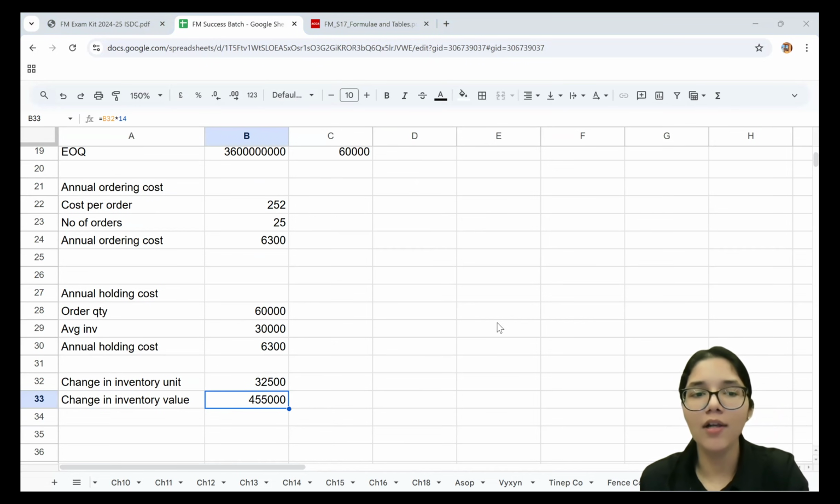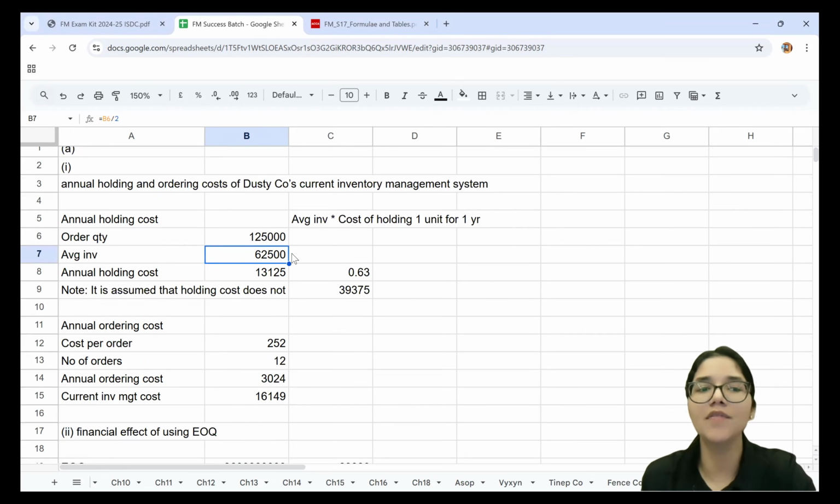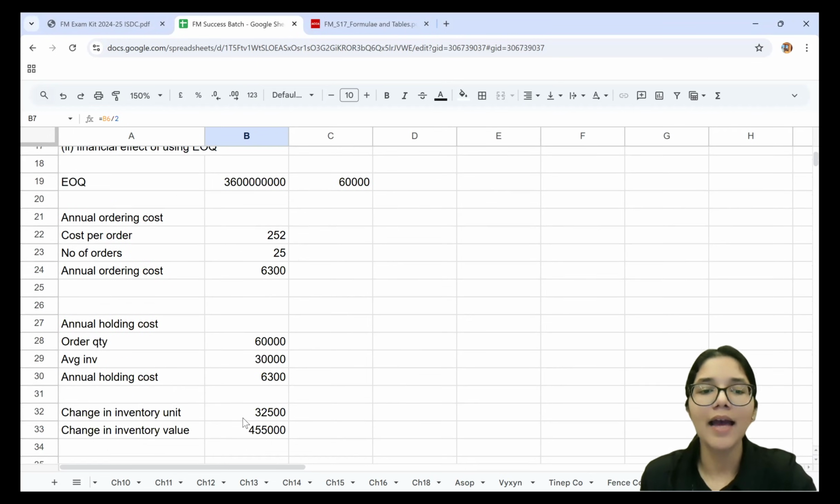Has my average inventory fallen or increased? Earlier, I had an average inventory of 62,500. Now I have an average inventory of 30,000 units. So has it been an increase or a decrease?